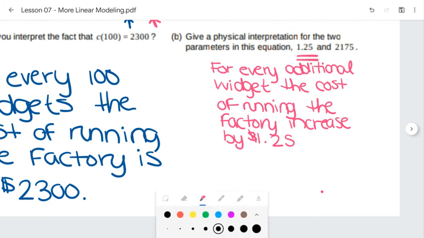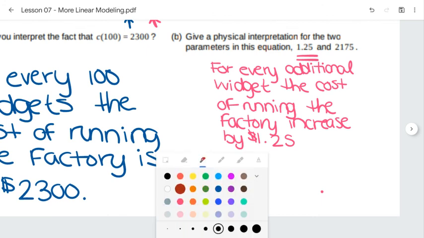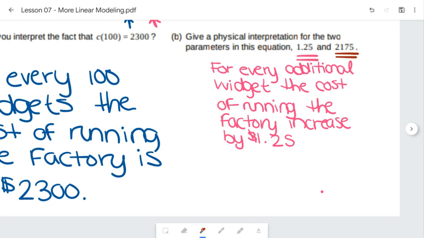Now the second part, that's our y-intercept. That's our initial value. So remember, that starts when we're starting at 0, plugging in as our input.